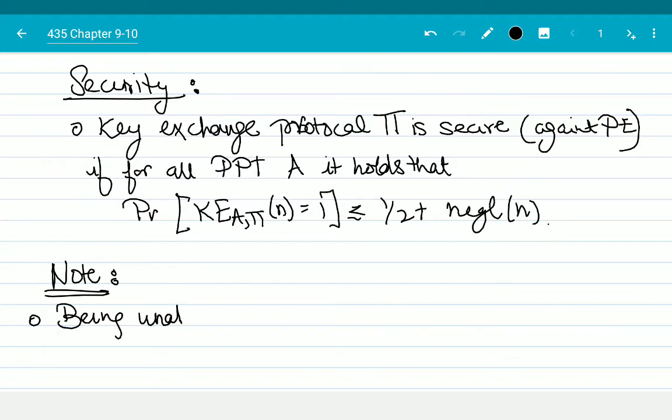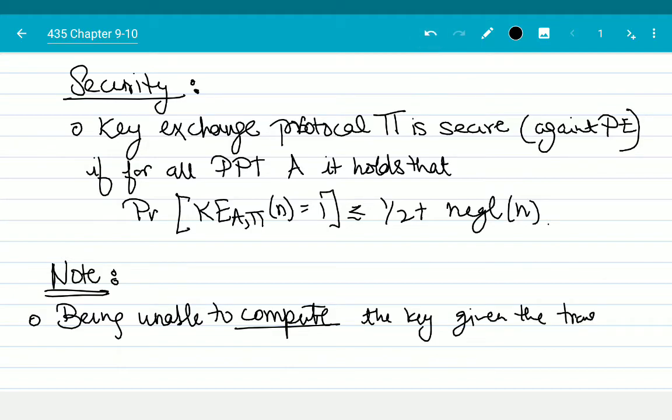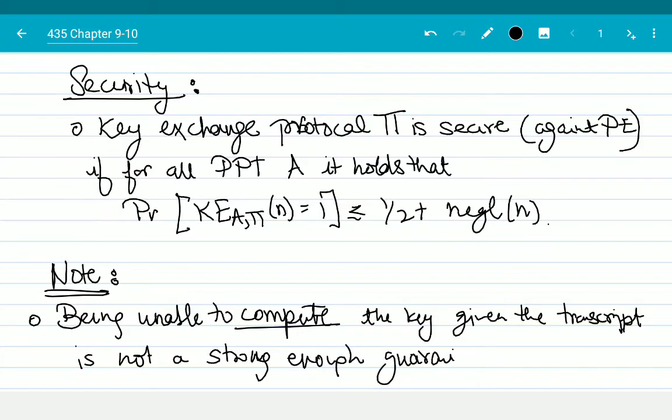Being unable to compute the key given the transcript is not a strong enough guarantee.